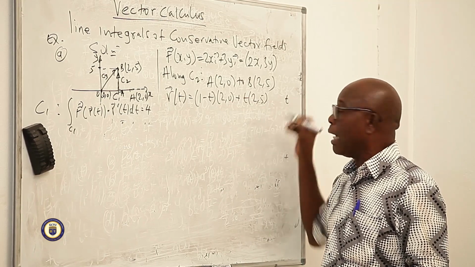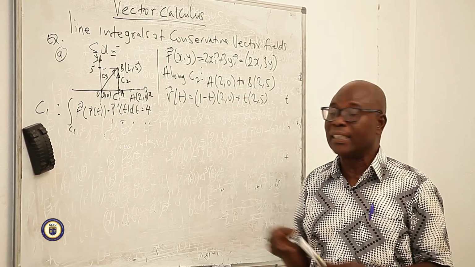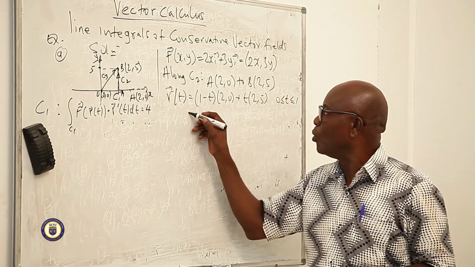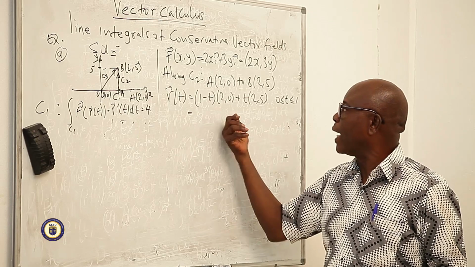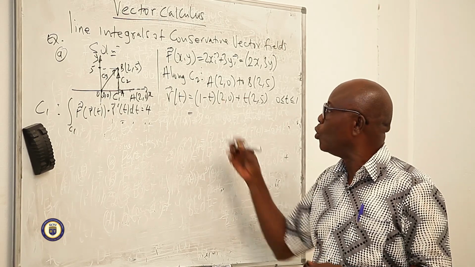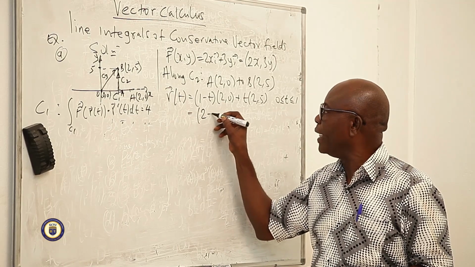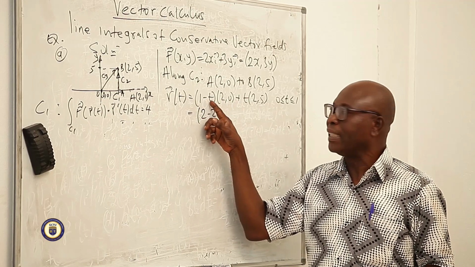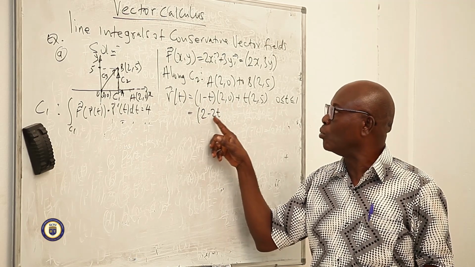And of course, our parameter in this case lies between 0 and 1. If you open the bracket, 1 minus t times 2 will give us 2 minus 2t straight away.